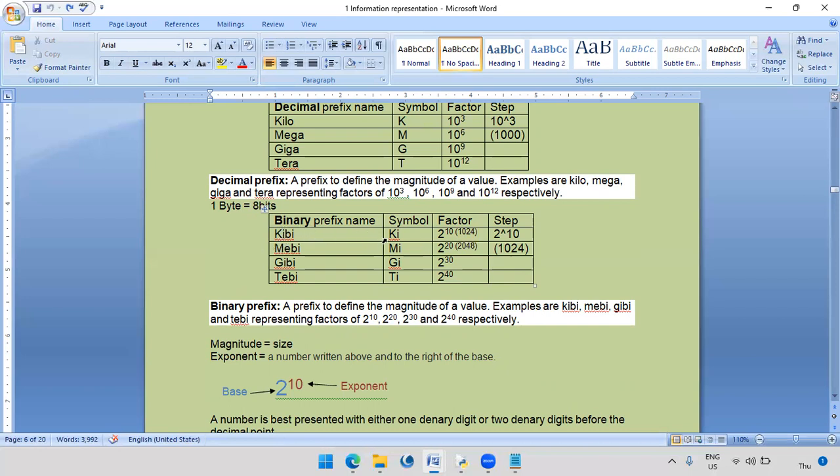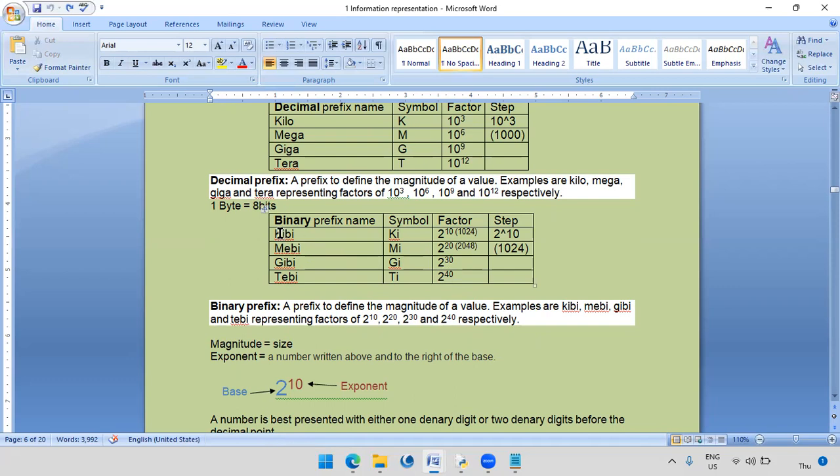So kibi is 2 to the power 10 or 1024 bytes. For mebi, 2 to the power 10 into 2 to the power 10, or 1024 into 1024. Okay. Then gibi is 2 to the power 30 and tebi is 2 to the power 40.